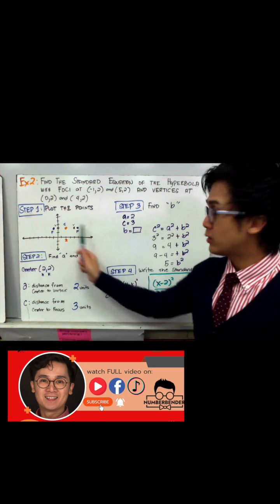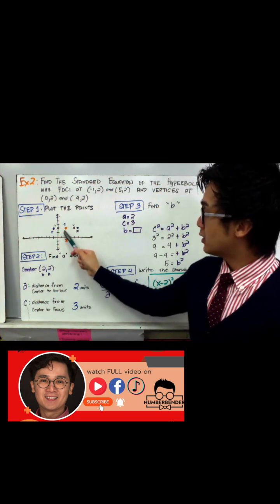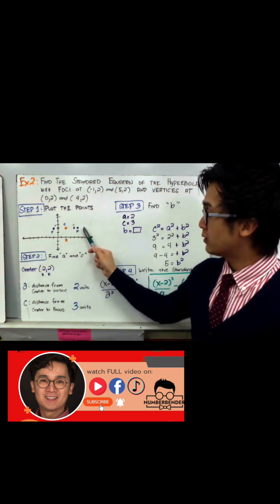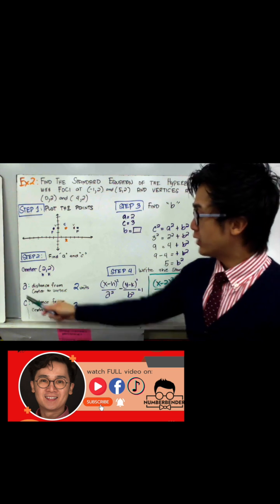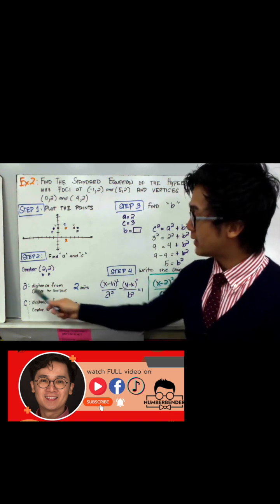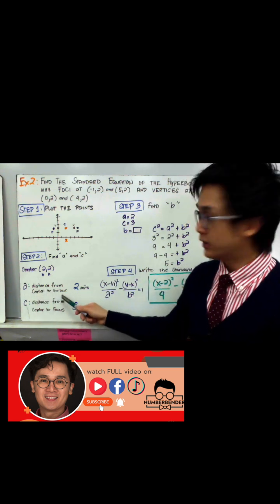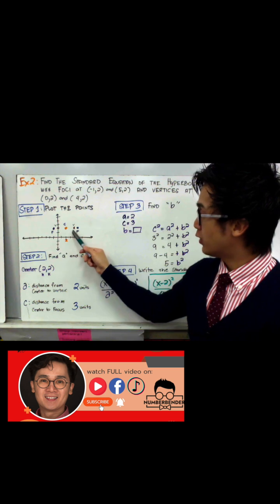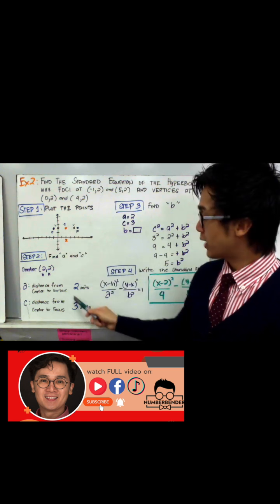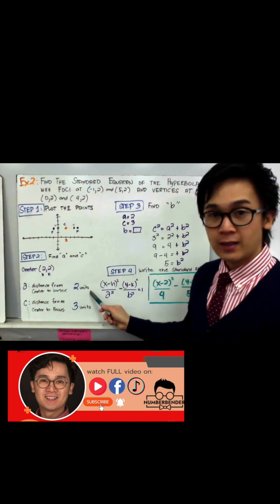So let's use the distances from the center to your vertex or your focus to find a and c. To find the value of a, it is basically the distance from your center to the vertex. So from the center to your vertex, it is 2 units away from the center. So you have 2 units for your a variable.